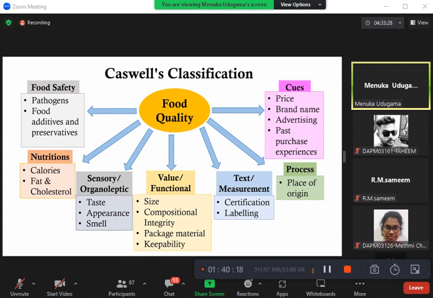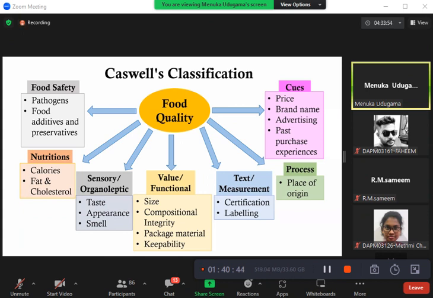Food quality can be determined by food safety, nutrition, where, if the label says that this product, let's say it's a cordial, or it's a milk powder, this milk powder includes these nutrients, then if you do a lab test, that product will have to have those nutrients.